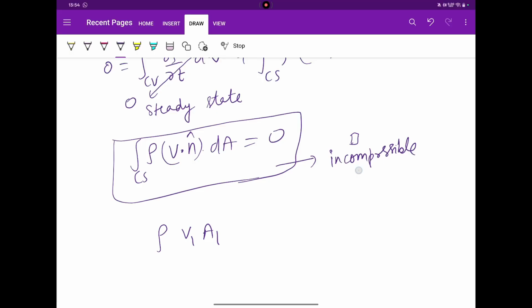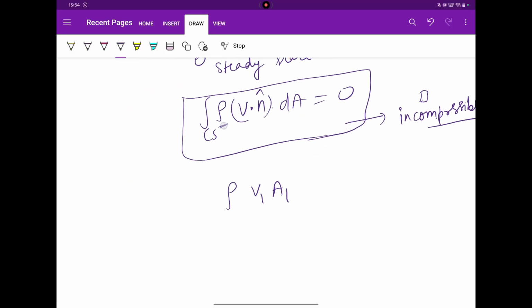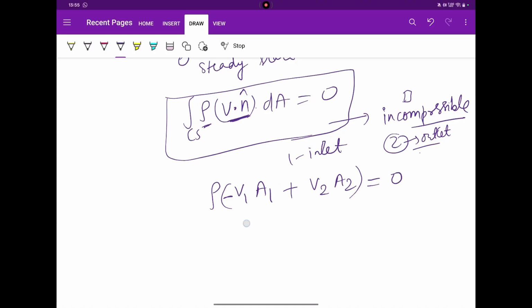If incompressible, this density can come out of the integration, and when you integrate v dot n cap dA, this is what you will get, right? v1 a1 but minus, because this is at the inlet where v dot n is negative, plus v2 a2 at the outlet. 2 I am considering outlet, and 1 is inlet, equal to 0. So what you got? The flow rate v1 a1 is equal to v2 a2.